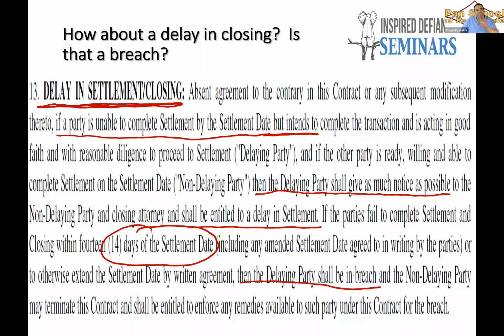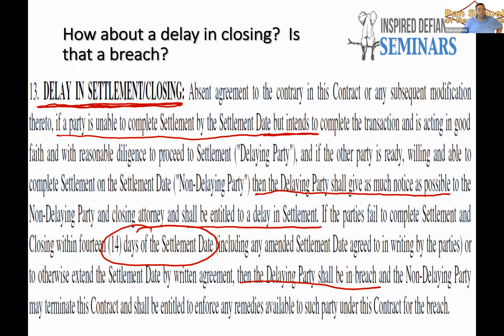So they're not actually in breach until they've delayed for how long? 14 days. So another way to say that is, anybody who signs this contract, buyer or seller, how long can they put off closing? 14 days from the original date. Up to 14 days past the original closing date.